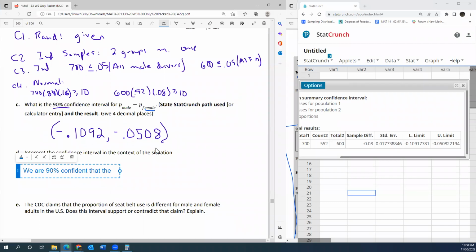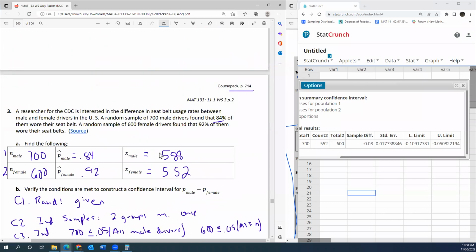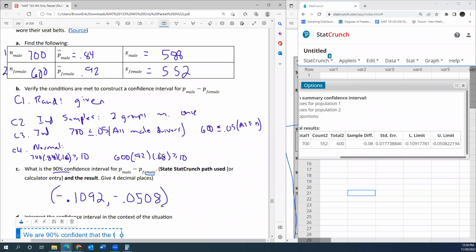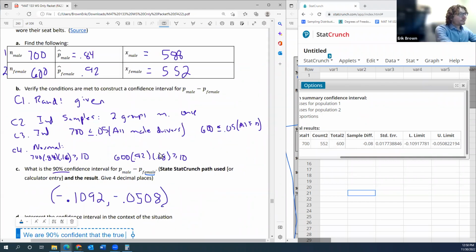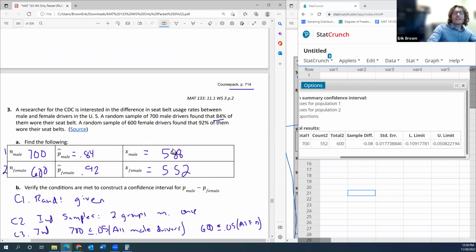The true population proportion. So these are a little weird because what it is, is the true difference in proportions.